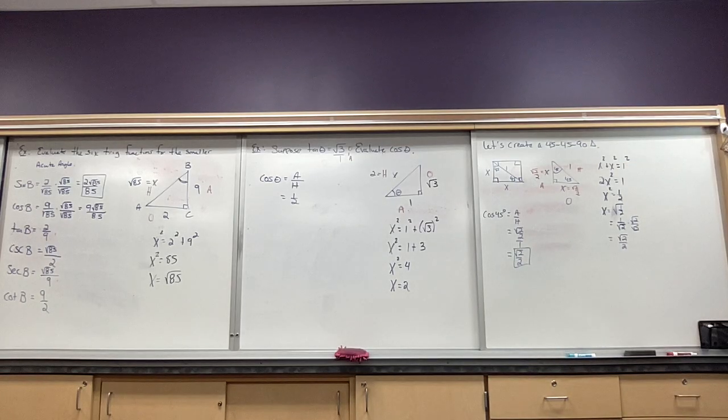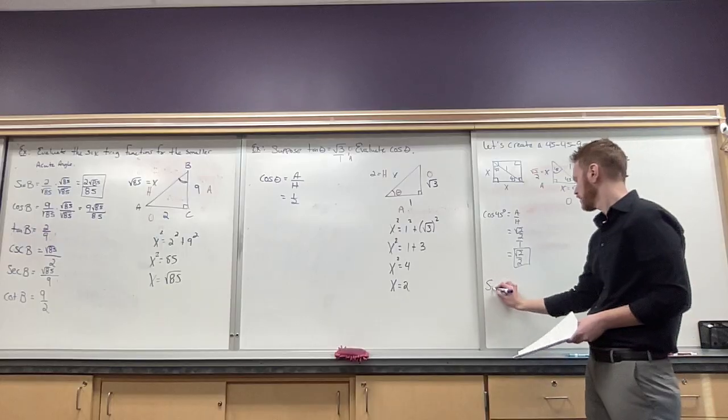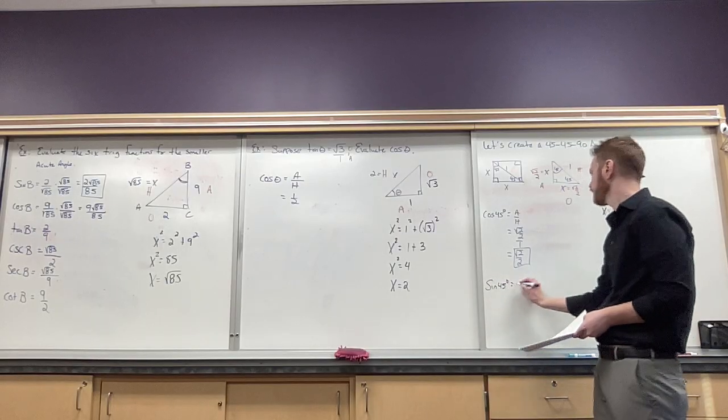Okay. So at any point, you see cosine of 45 degrees, the two side lengths that go with it as one ratio is square root of 2 over 2. Here's the cool part. If you type that in your calculator, it'll spit out square root of 2 over 2 as a decimal, but it'll actually spit that out. Okay, next. Sine of 45 degrees.